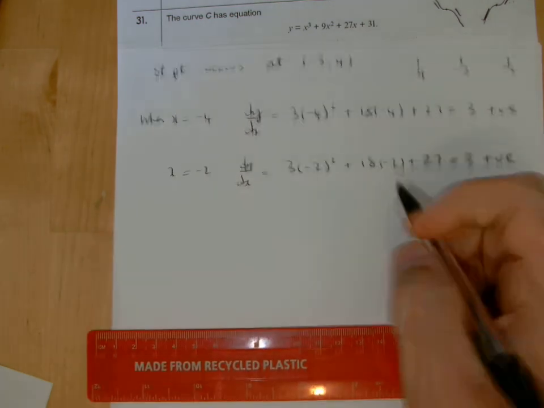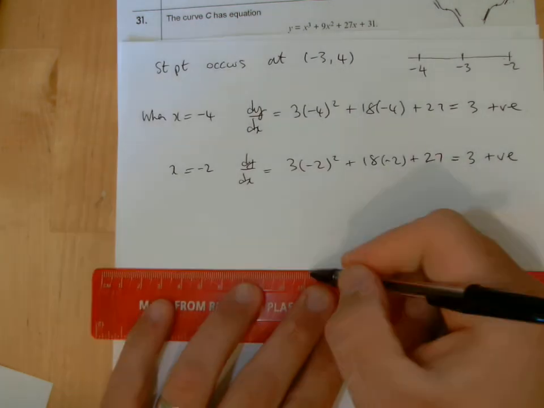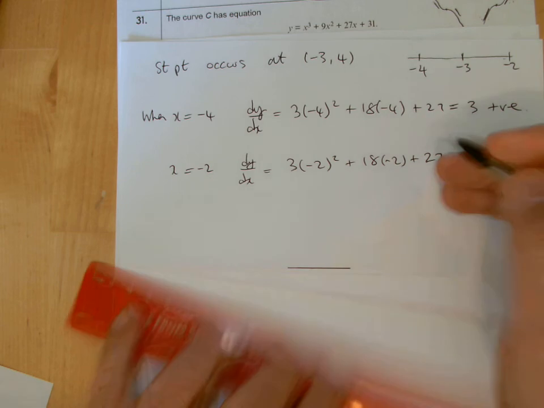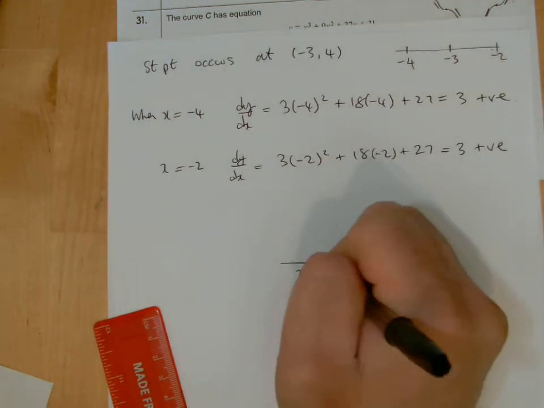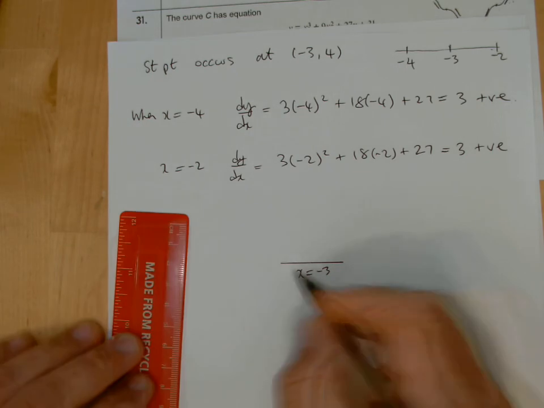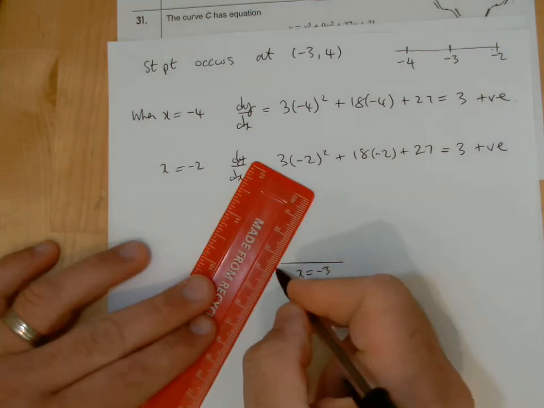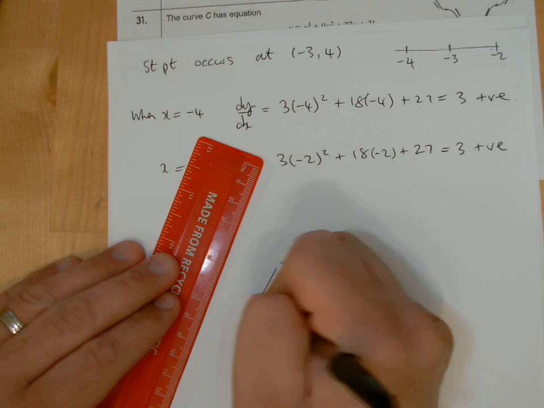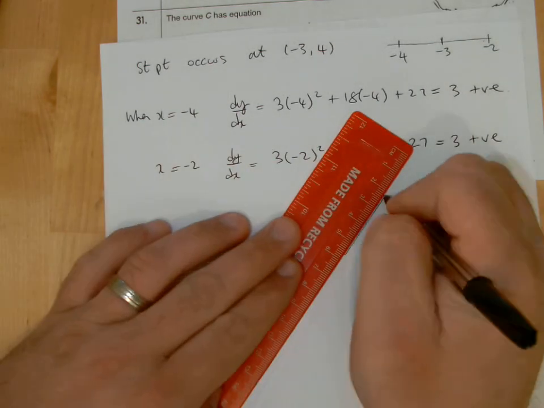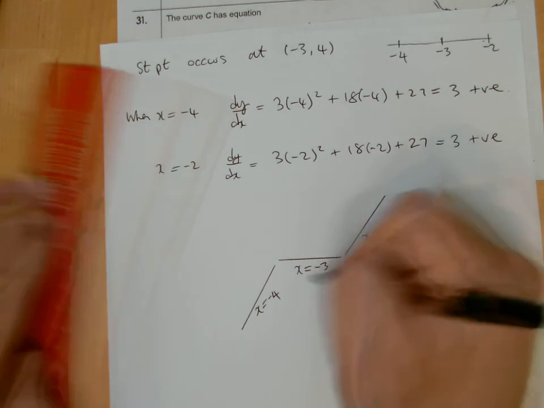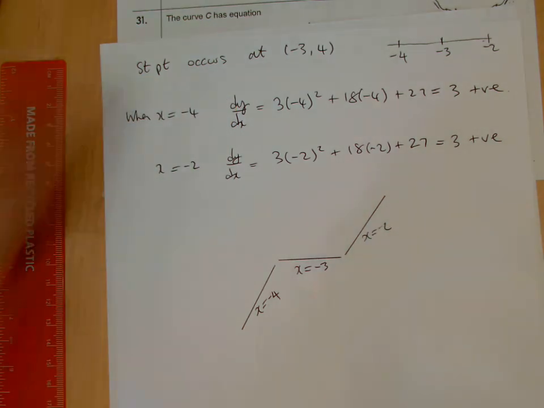Another way of illustrating it is that at the stationary point, the tangent would be flat. When x is equal to minus 3, the tangent is flat. But when x is minus 4, the tangent is positive, and when x is minus 2, the other side, the tangent is also positive. So you can see there the point of inflection.